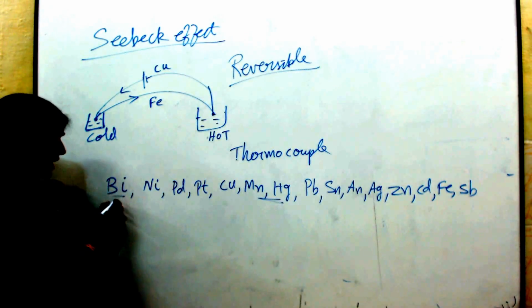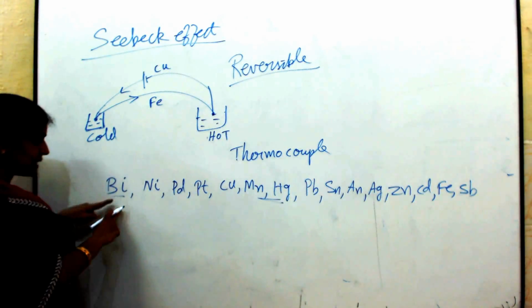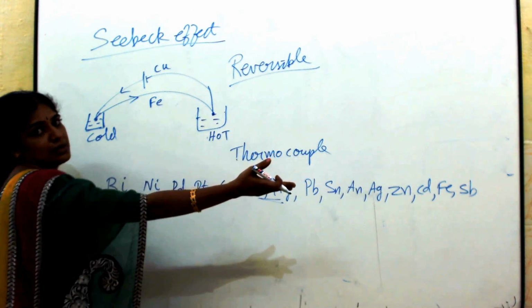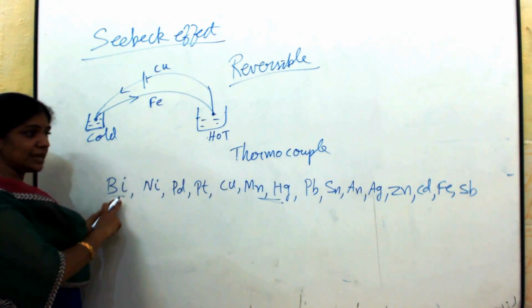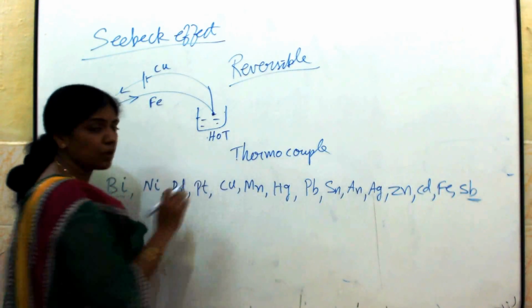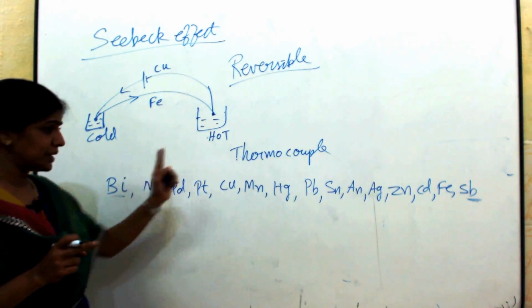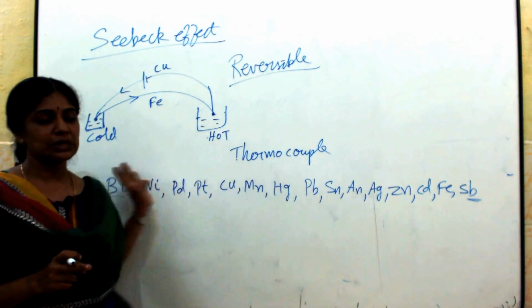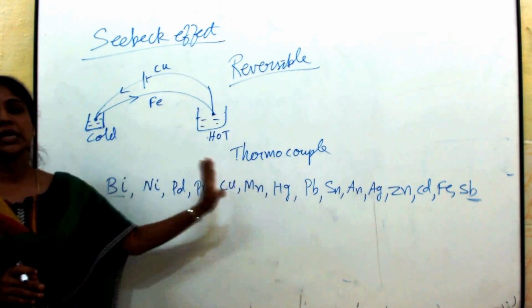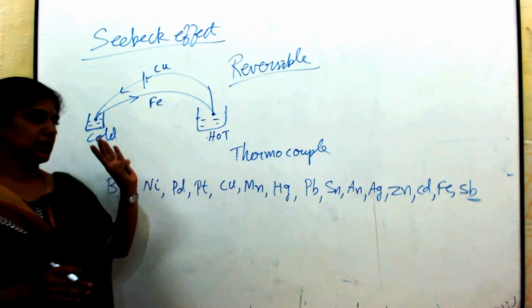The current flows from the metal which occurs earlier to the metal which occurs later. So if I select bismuth and antimony for forming a thermocouple, the current flows from bismuth to antimony. This is how he formed the series, and he called it the thermoelectric series.